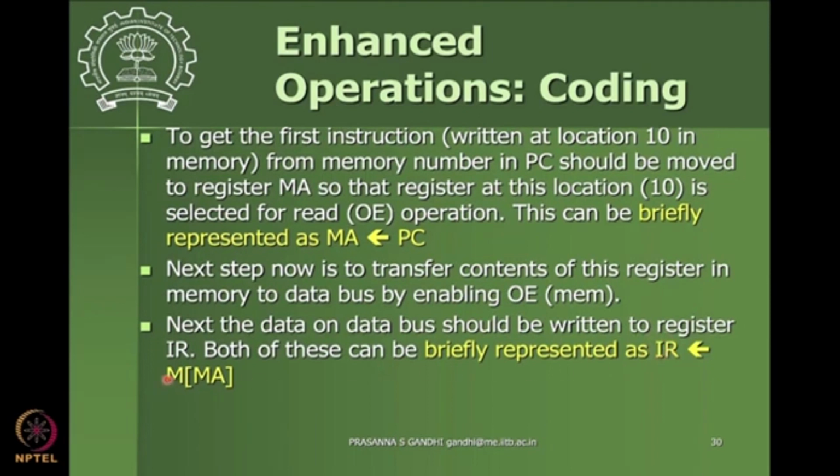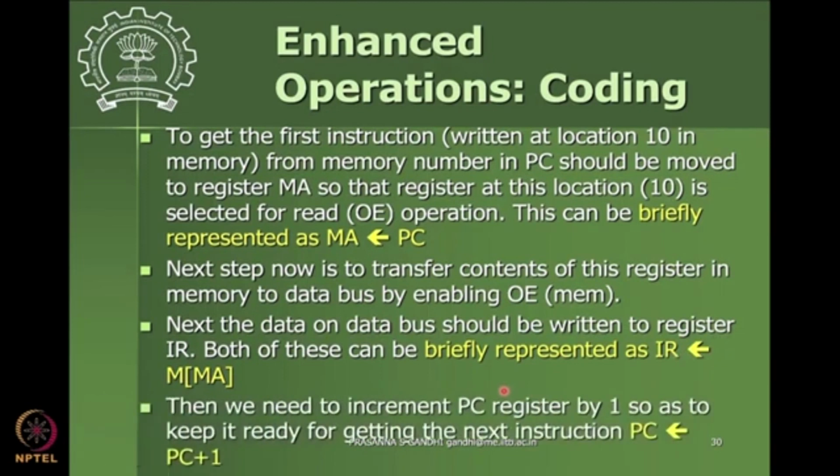So we indicate this briefly as M, which stands for memory, pointed to by the memory address register. Whatever is in that location is to be transferred to the IR register. This is how we represent these small commands.